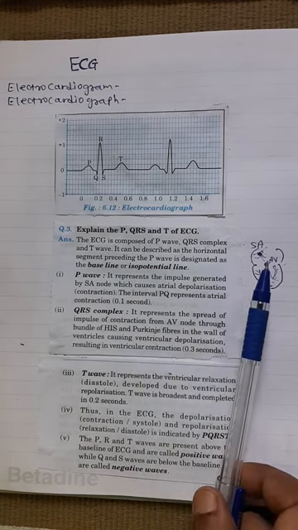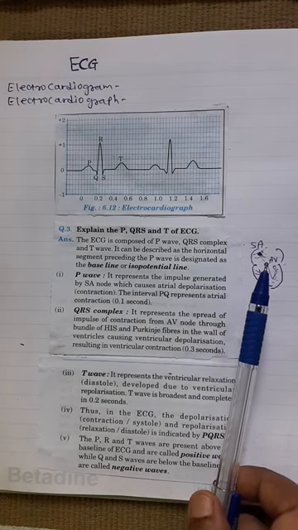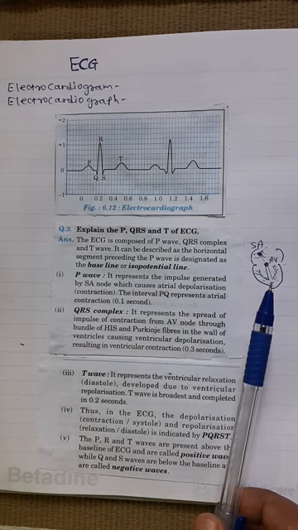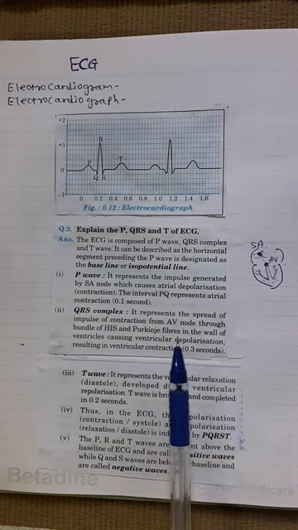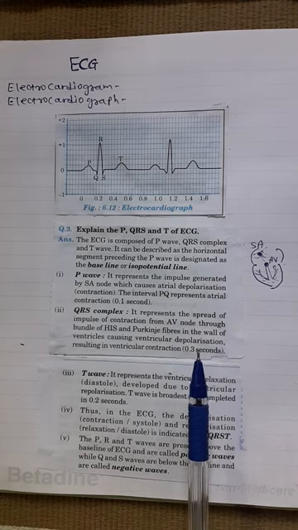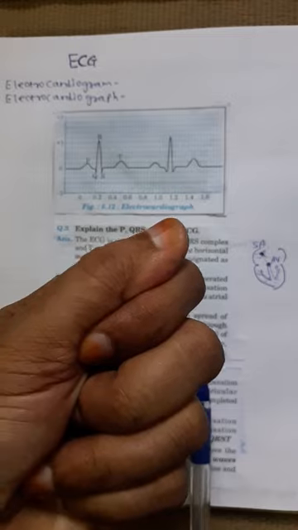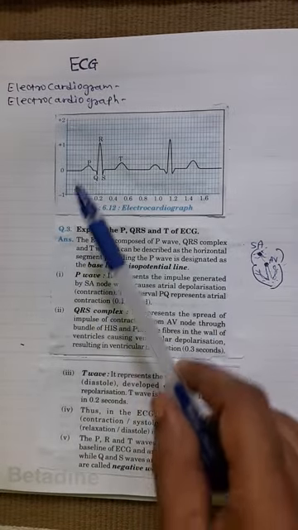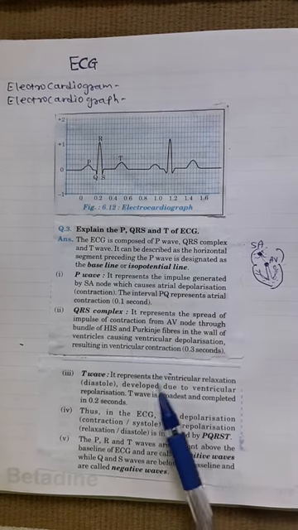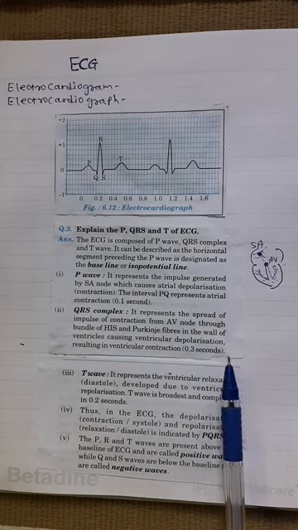That is why it results in ventricular contraction. The ventricle contracts with a great force, and because of that a wave of contraction is generated, and this is nothing but the QRS complex. Now it completes within 0.3 seconds.